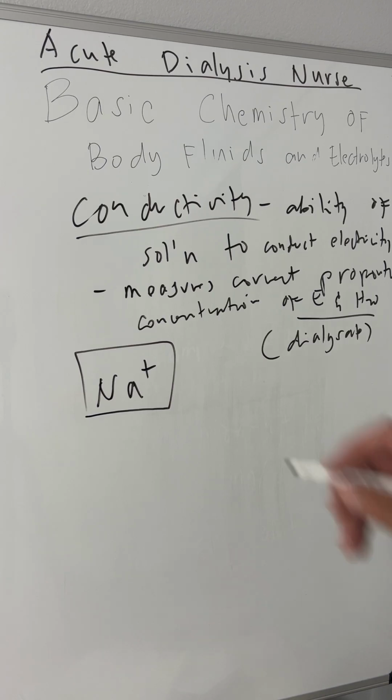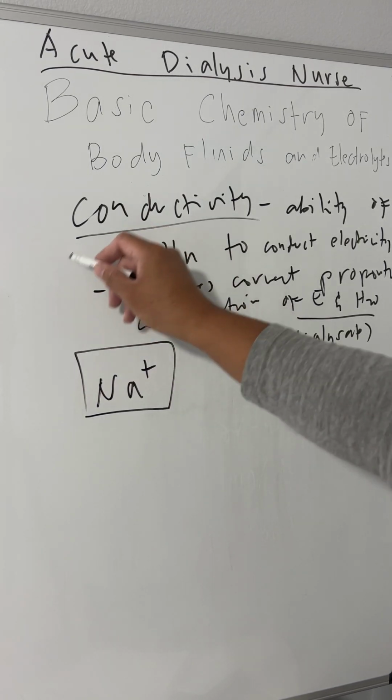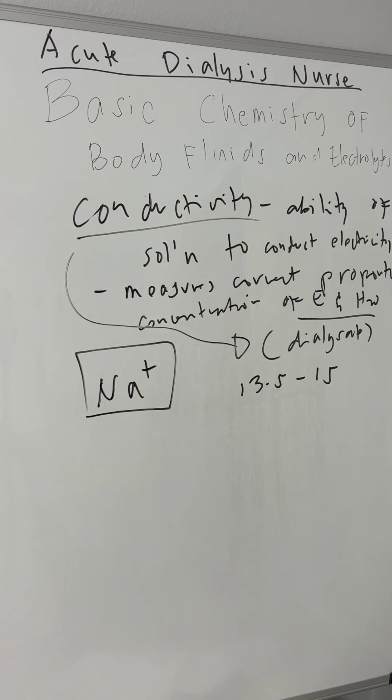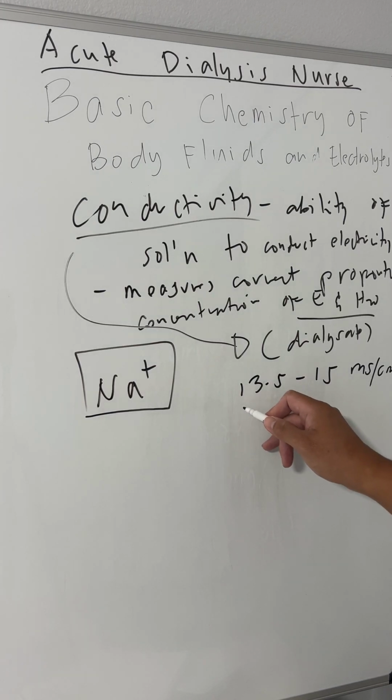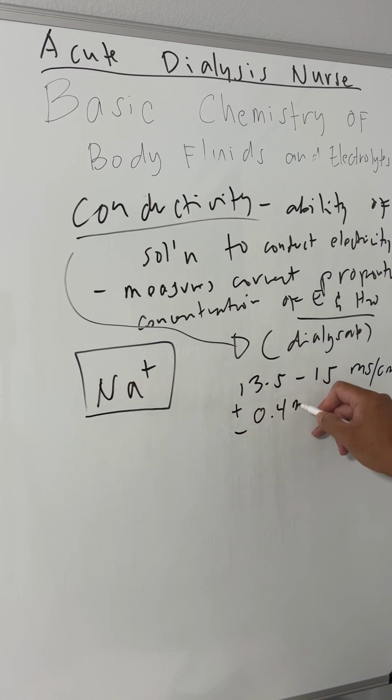Now, what's the normal conductivity of our dialysate? The normal conductivity of dialysate is 13.5 to 15 millisiemens per centimeter. Now, there's a leeway of plus or minus 0.4 millisiemens per centimeter.